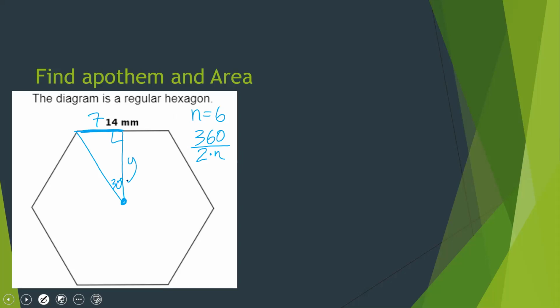Now, in relationship to our reference angle, this is still adjacent, and this is still opposite. So now we have tangent of 30 degrees is equal to opposite 7 over adjacent y. So we'd have to cross multiply to solve. 7 will be equal to tangent of 30 times y, divide each side by tangent.